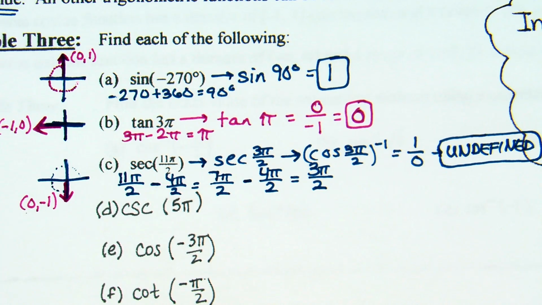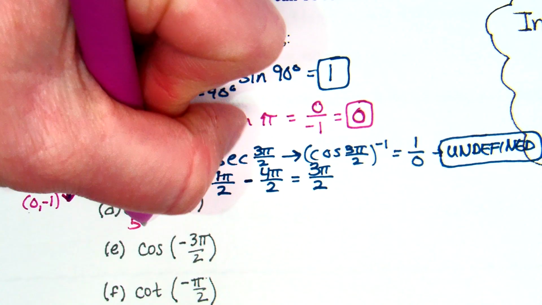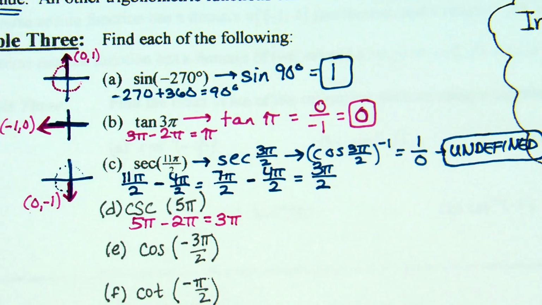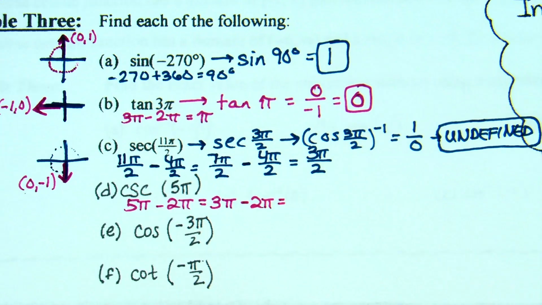But let's go back to the idea that 5 pi is big. So if I subtract off 2 pi, I'm now at 3 pi. 3 pi is still big because it's still bigger than 2 pi. So again, I'm going to subtract off 2 pi. 3 pi minus 2 pi is pi.